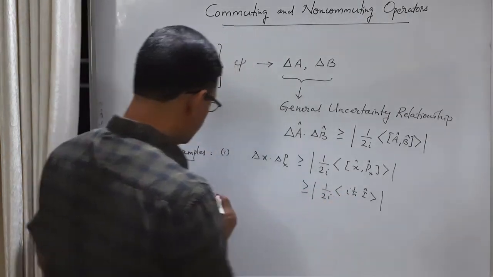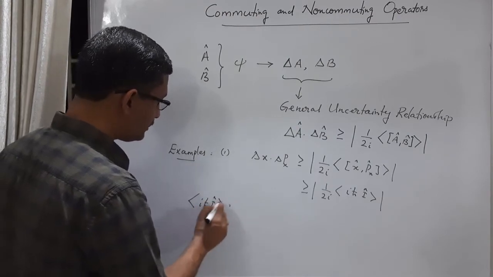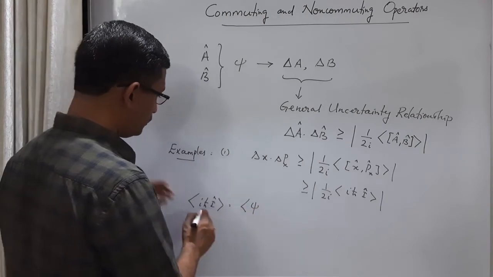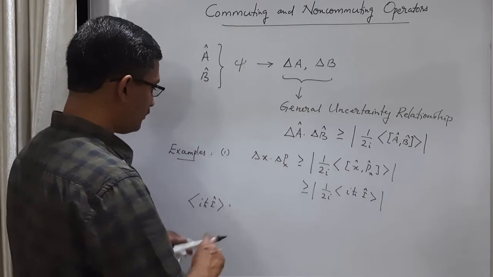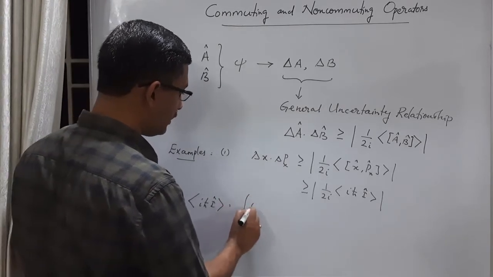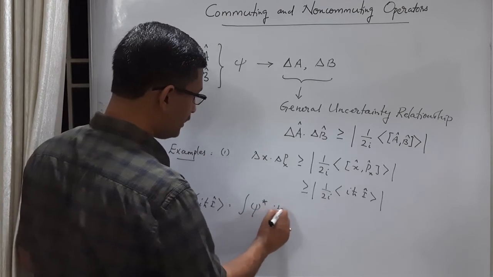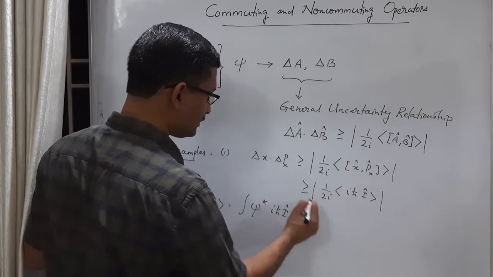What is the equation for expectation value? Integral psi star operator psi. What is our operator here? i h cross identity, psi. Consider that this is a one-dimensional case.